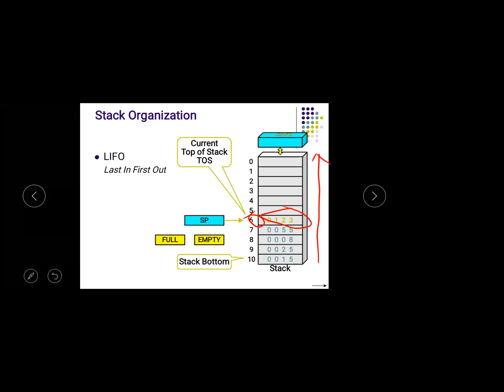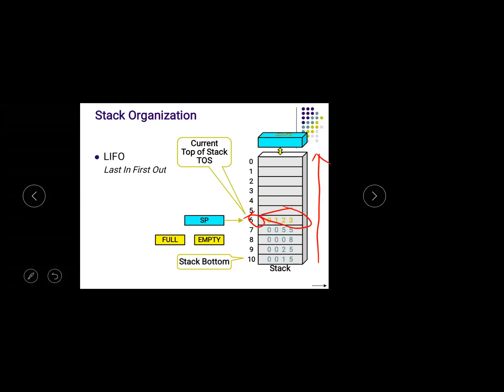There are two flip-flops, or two flags: full and empty. Full is set to 1 when all the registers are filled with data and no register is empty; then the stack is full.